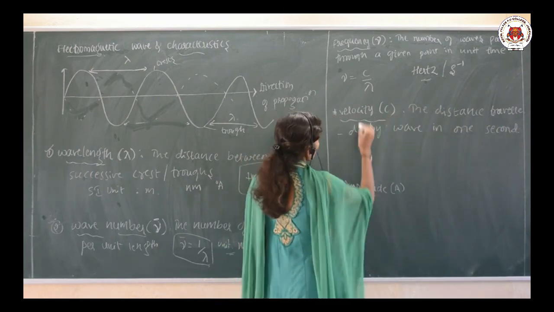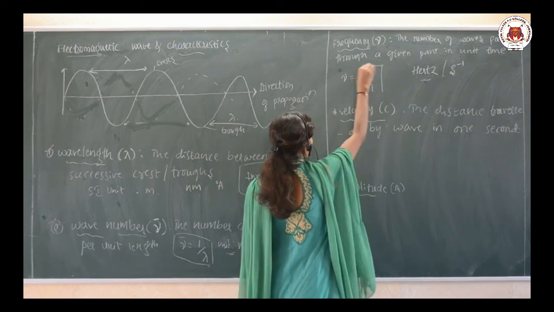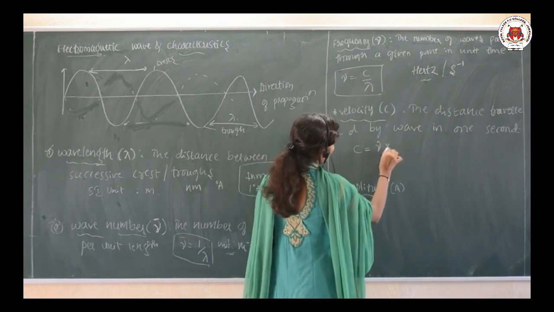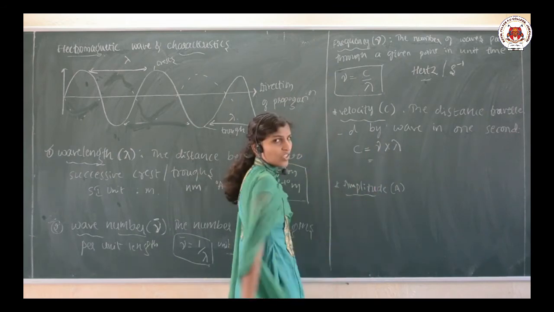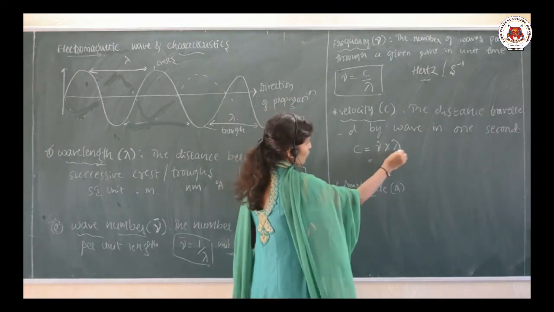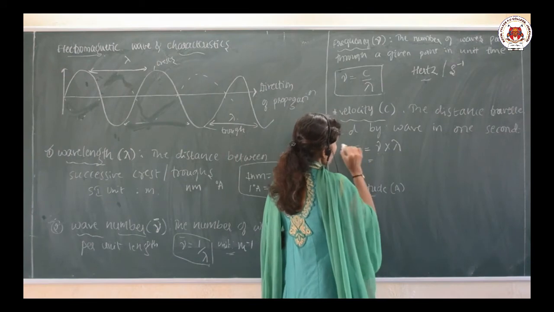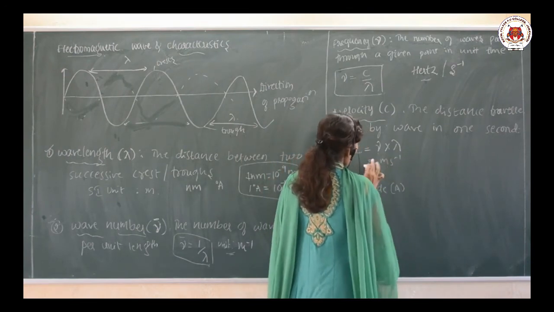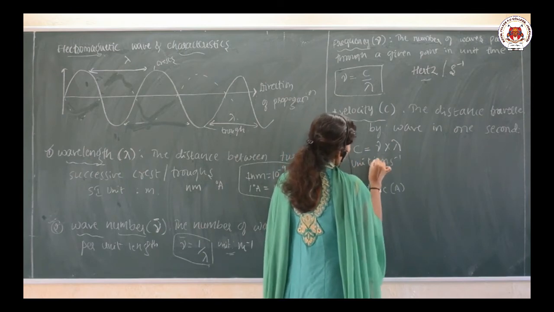If you just look at this, c is equal to nu into lambda, that is frequency into wavelength. Frequency into wavelength is the formula for the velocity. And what about its unit? Meter per second.